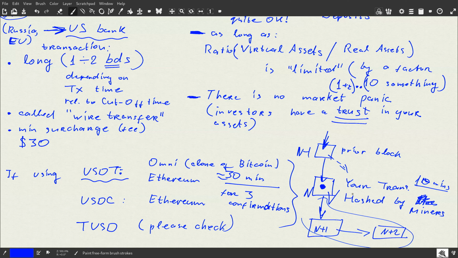The transaction cost for Ethereum may require a little bit further gas, which is involved, but in any case, the transaction cost is, I would say, of the order of 1 basis point, 10 to minus 4, relative to your transaction value, or smaller, which is definitely not a $30 surcharge. If you need to send $100 to someone, you still get in the regular transaction by wire transfer a $30 transaction.